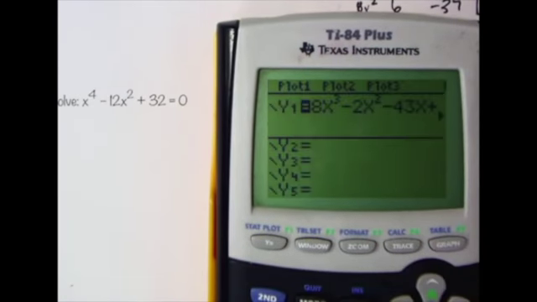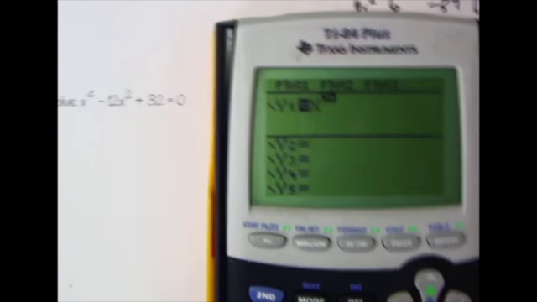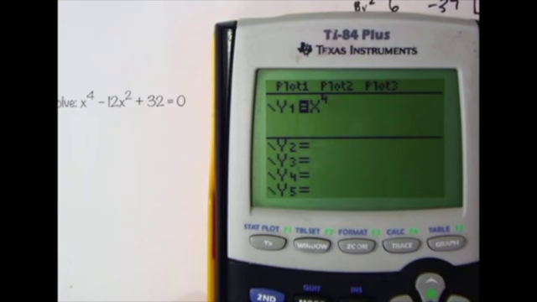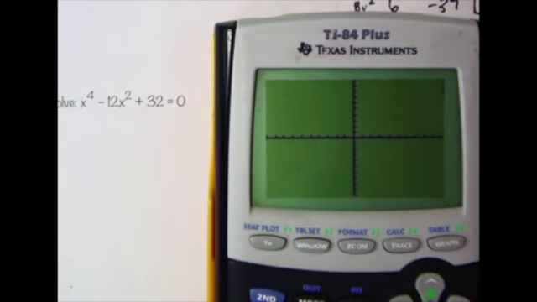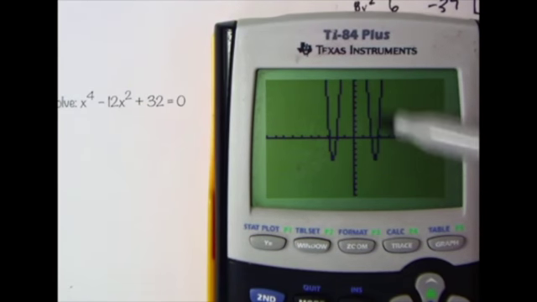Clear out y equals, clear that out, and I'm going to put that in my graphing calculator. So y equals x to the 4th minus 12x squared plus 32. Graph.